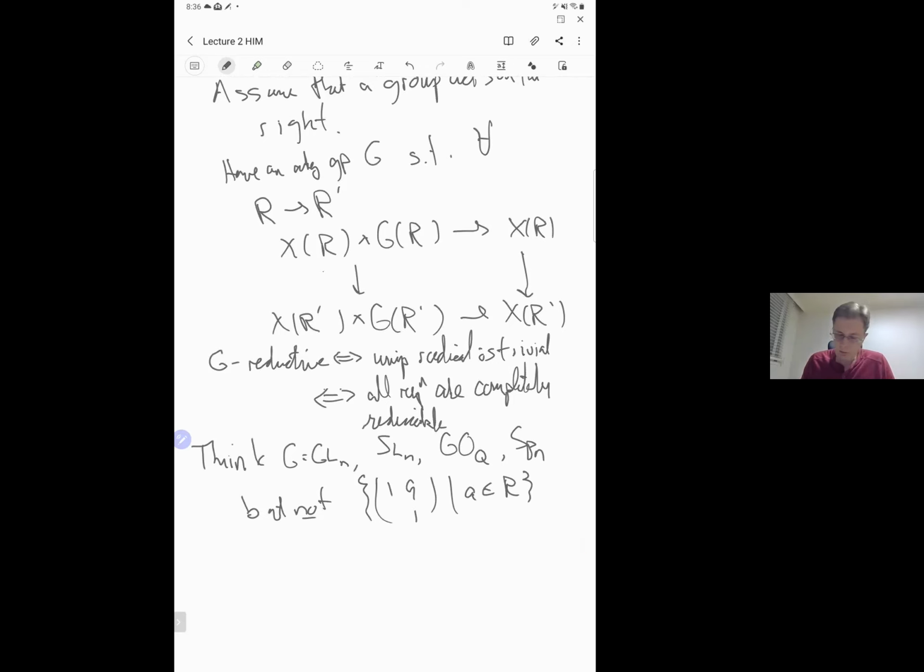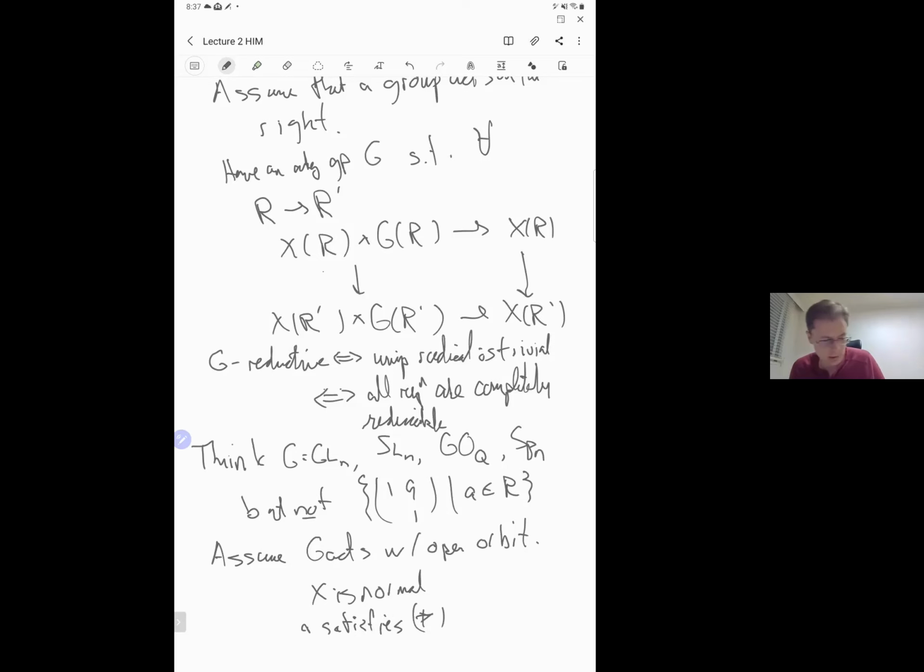So I'm going to need to assume that G acts with an open orbit in the Zariski sense, X is normal, so its singularities are not too bad, and satisfies star.